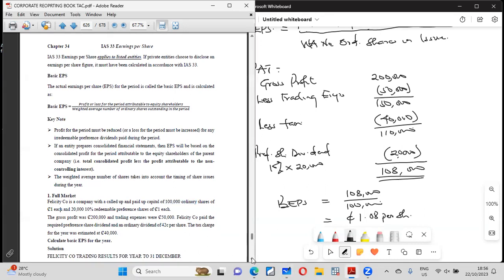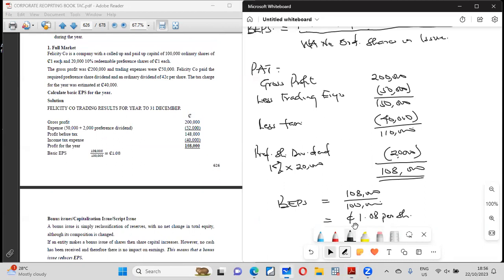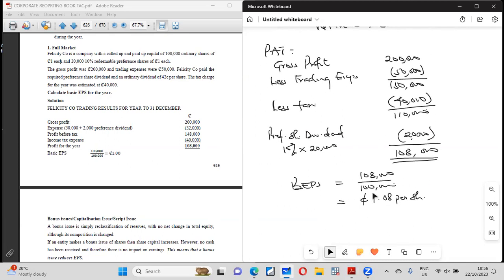So basically that is what we have. Any question on this? So the formula, you find the elements in the formula, then you slot them in. Yes. And this is a straightforward example.